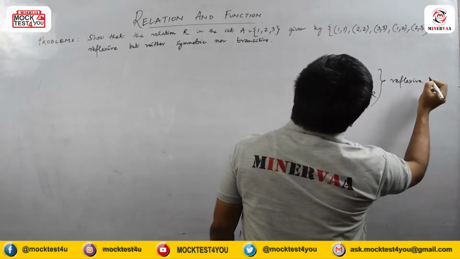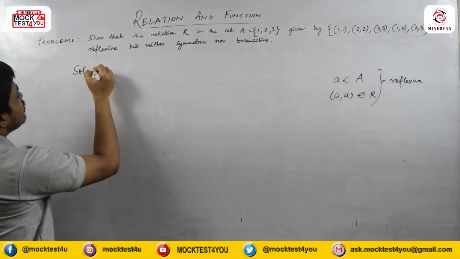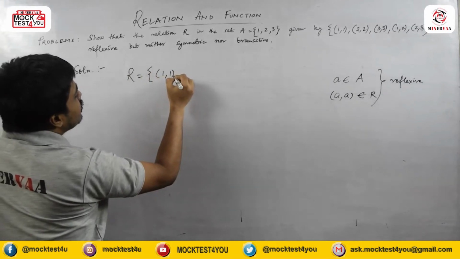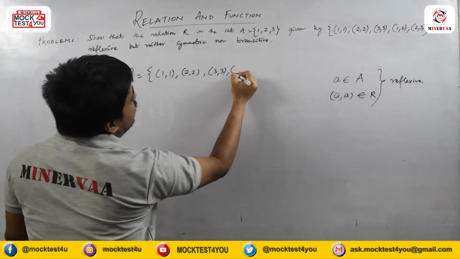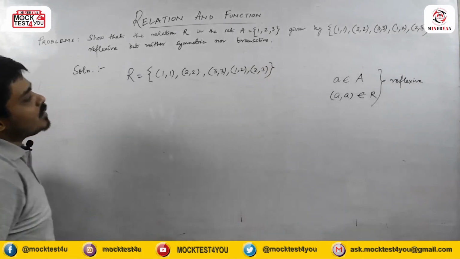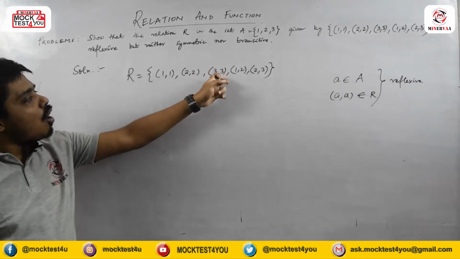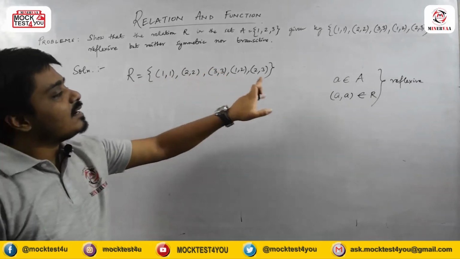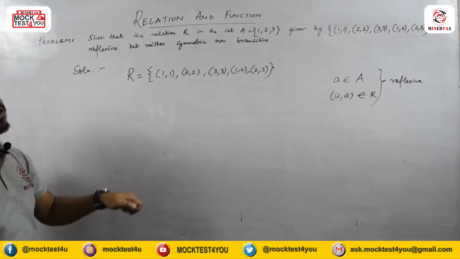Now look at the relation given in the question. The solution: the relation is given by (1,1), (2,2), (3,3), and we have (1,2) and (2,3). Looking at it, (1,1), (2,2), (3,3), all three of these elements of the relation R satisfy the condition of reflexive, (a, a) element of R. So the relation is reflexive.